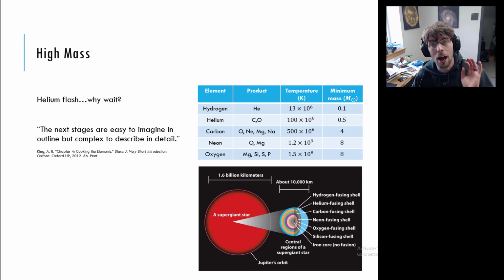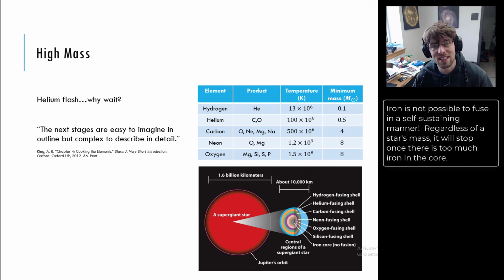It does not matter how massive a star is, it cannot fuse iron in a self-sustaining manner. Iron is the stopping point. You can't go any further. So in the really, really massive stars, you get the iron core surrounded by a bunch of shells, just like a gobstopper.